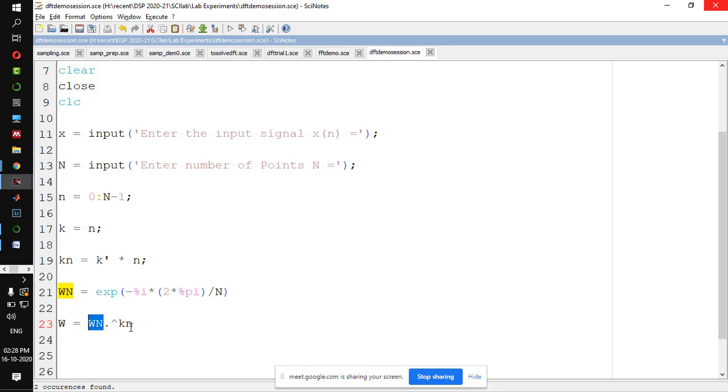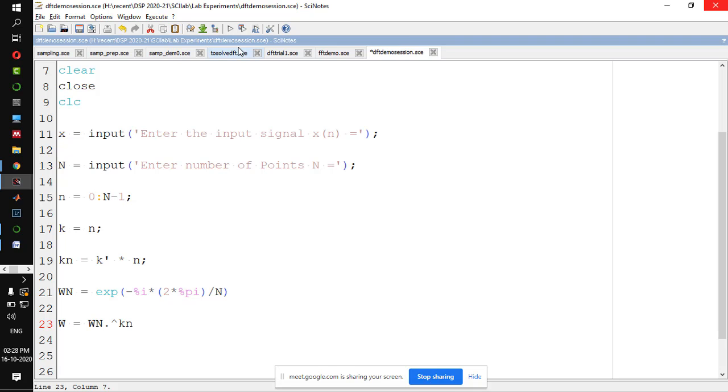Every element in the matrix has to be raised with this W_N. That's why I have taken dot power. If you take plain power, you may get an error, or you may get some other matrix, but I don't want that matrix. What I want is dot power.